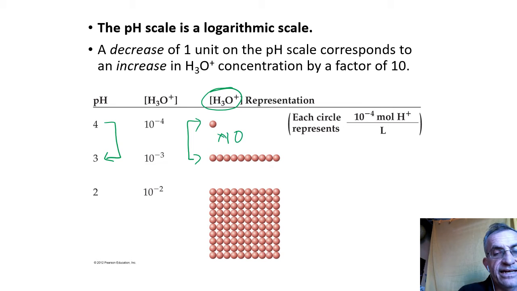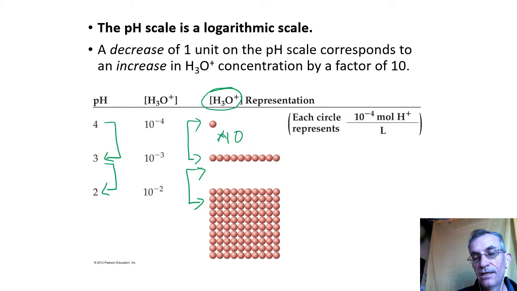Same thing if we go from 3 to 2. It might just sound like, oh, a pH of 2 to 3, that's not much different, right? But it's a log scale. So not only have you gone from 3 to 2 on the pH scale, the amount of hydronium actually becomes 10 times as much again.